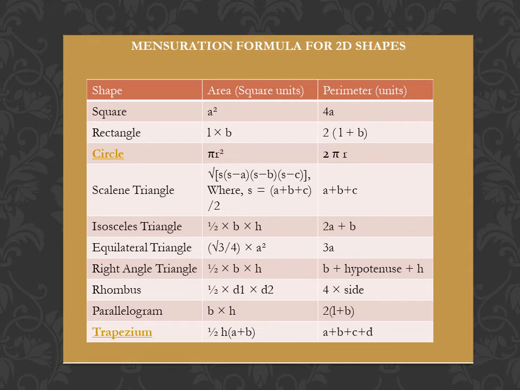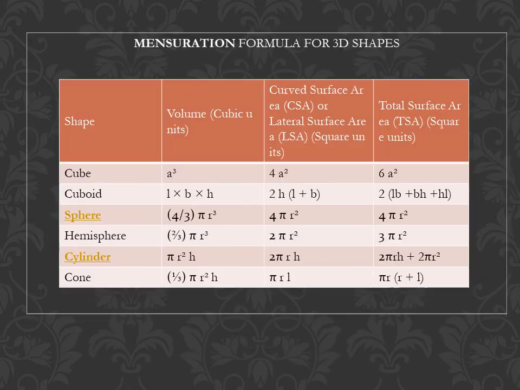Now, coming on to formulas of 3D shapes. For 3D shapes, we have cube, cuboid, sphere, hemisphere, cylinder, and cone. They lie upon x-axis, y-axis, and z-axis. So, volume of the cube is a cube.